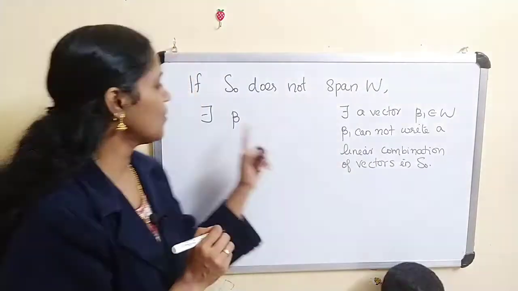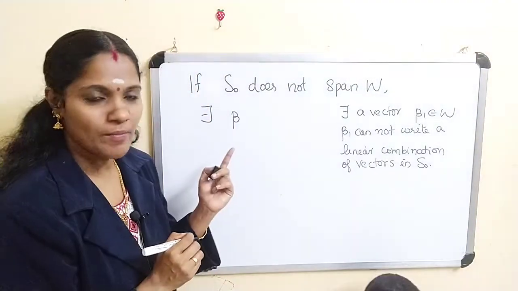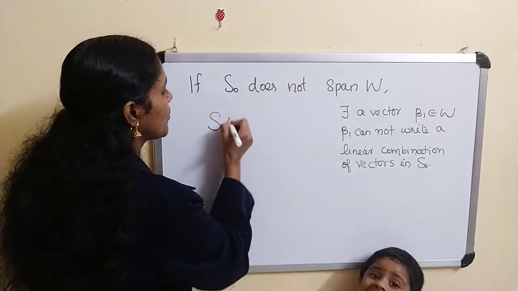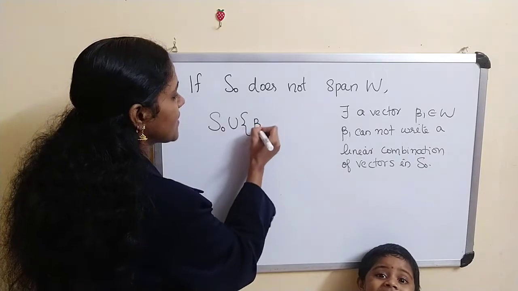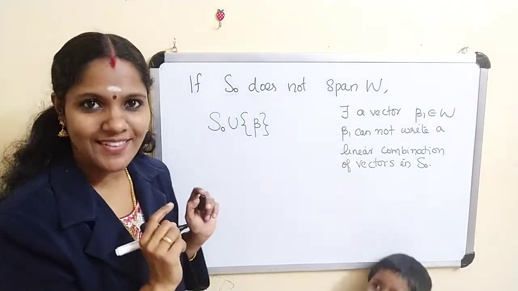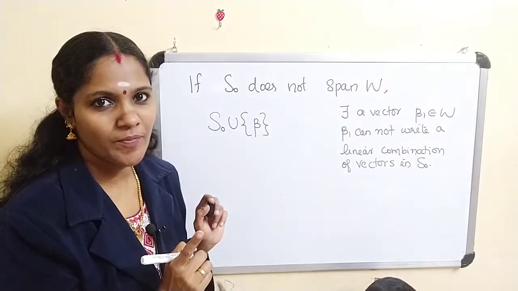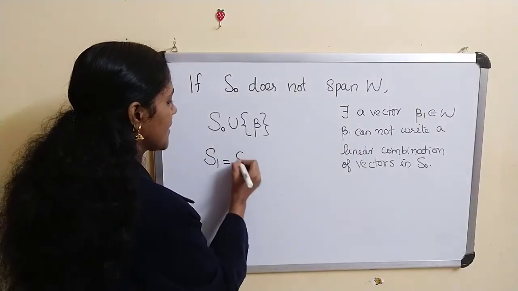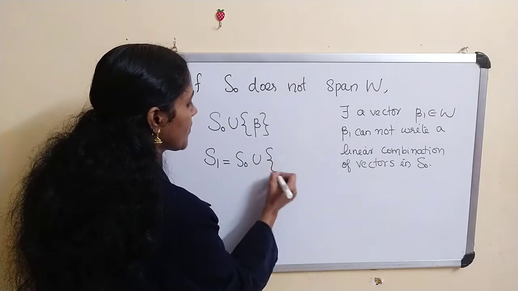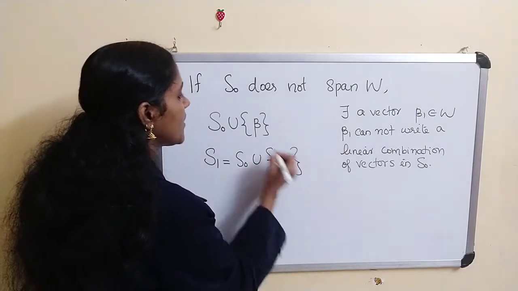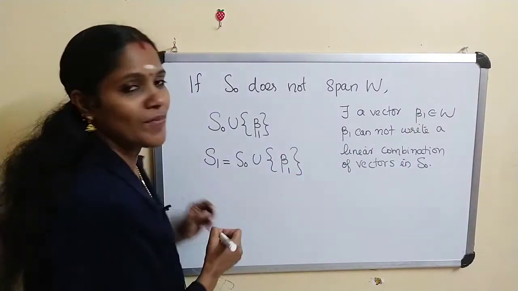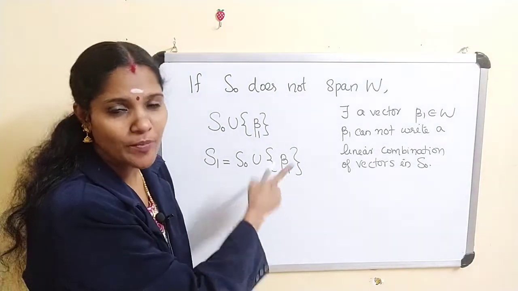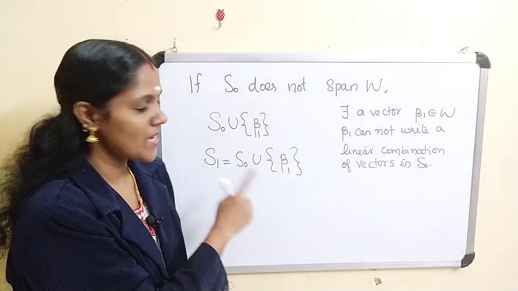Using the above lemma, if we adjoin beta 1 to S0, the set S0 union beta 1 is linearly independent. We denote this set as S1, equal to S0 union beta 1.